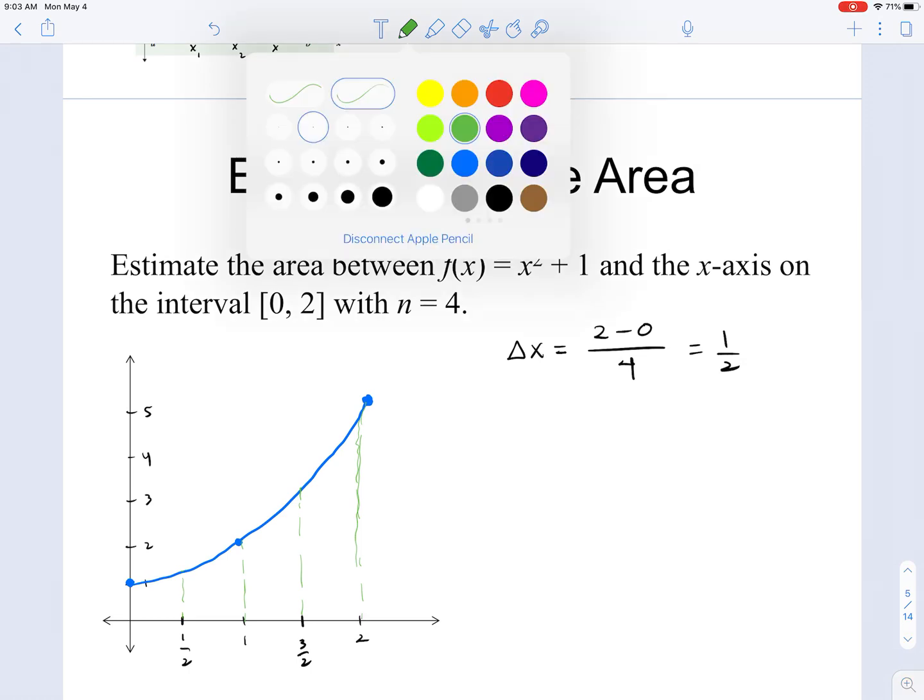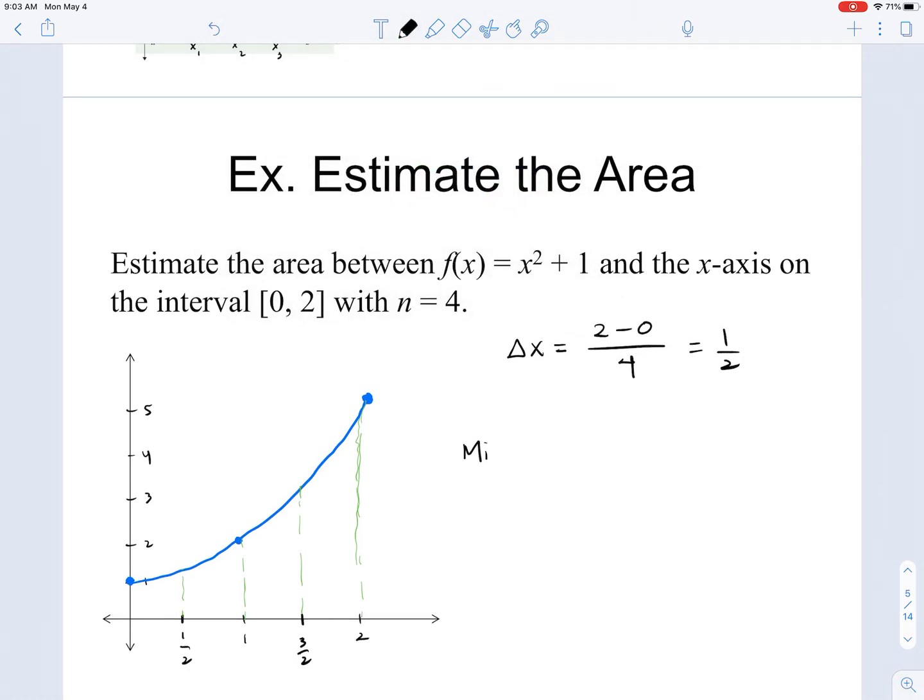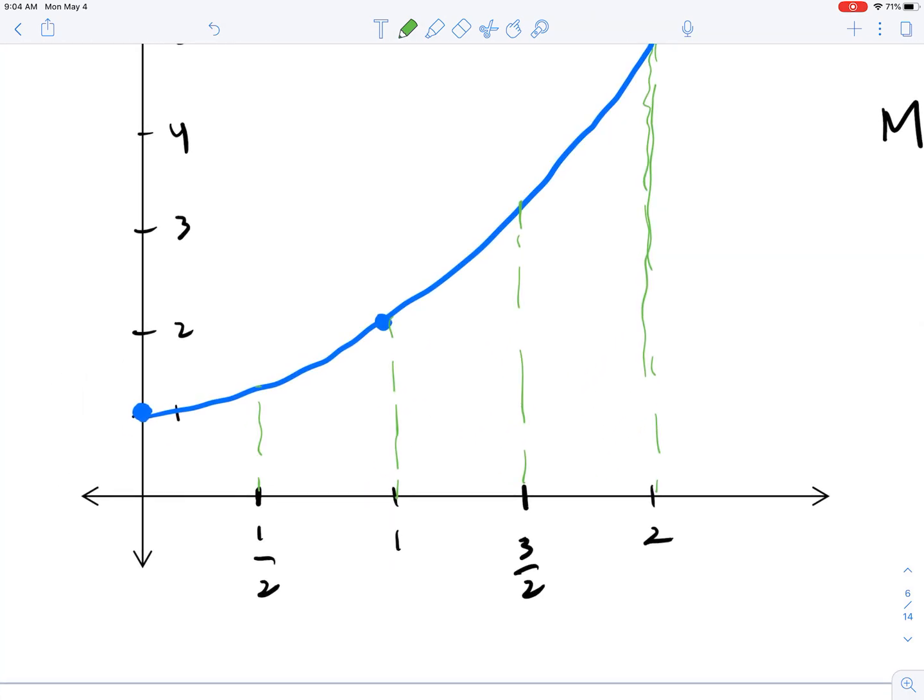So let's first use the midpoints of each subinterval to find the heights of the rectangles.